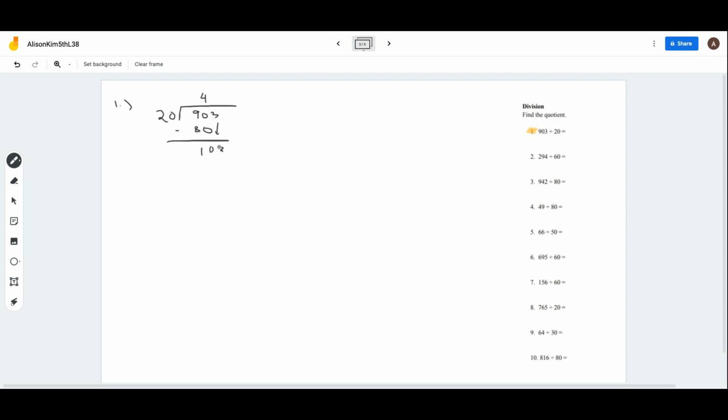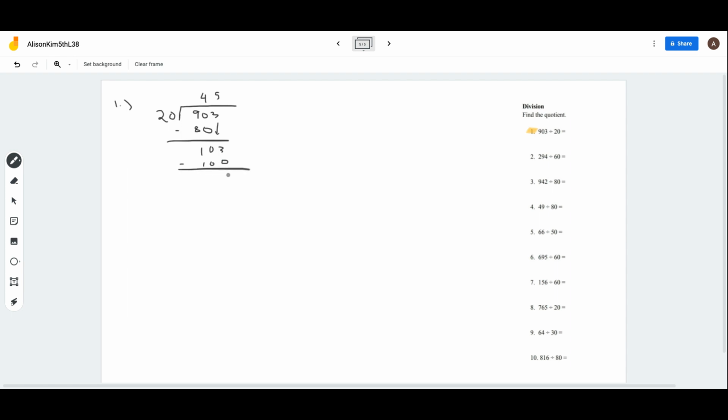So it becomes 103. And earlier I said that 20 times 5 equals 100. And just to make sure that no other number can go into 103, we're going to multiply 20 by 6, and it gives us 120. And 120 is way more than 103. So we're going to go with 5. So we're going to do 20 times 5, which is 100, and we're going to subtract 100 from 103.